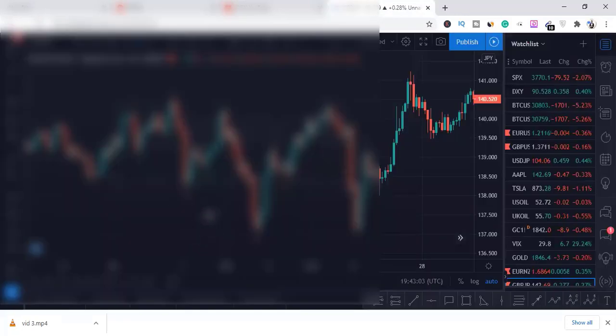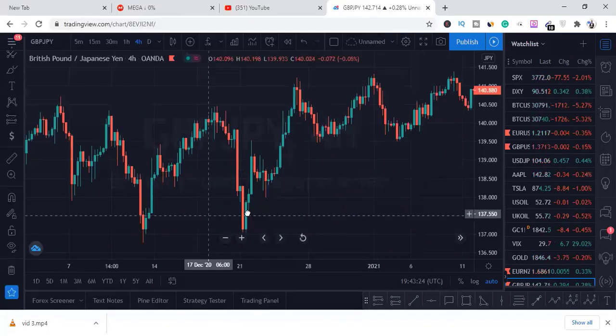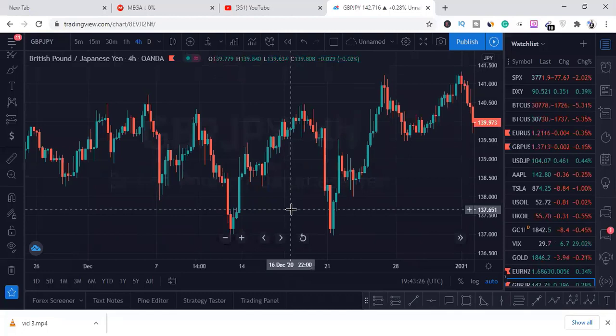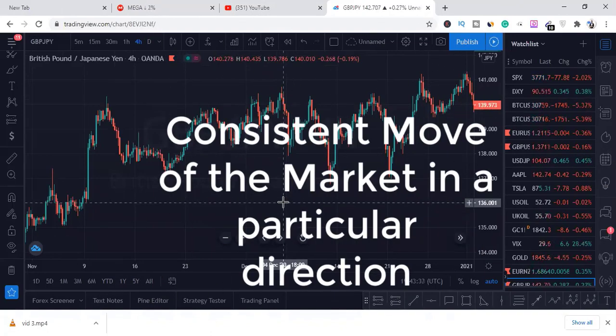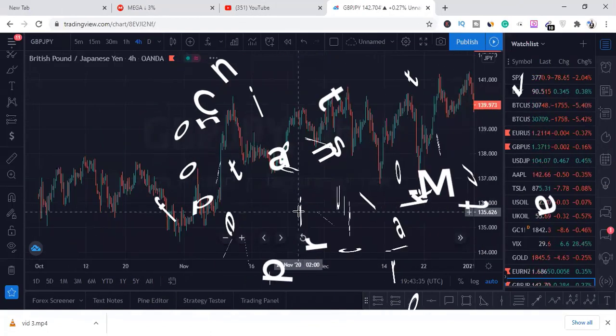Can you still see my screen? Yes, sir. Okay. Now, institutional order flow is the consistent movement of the market, either to the upside or to the downside.